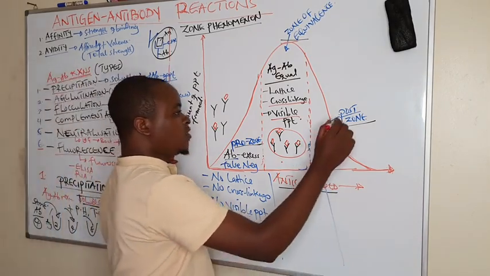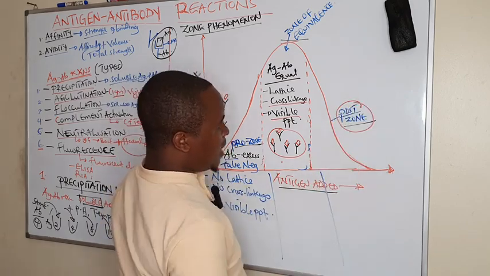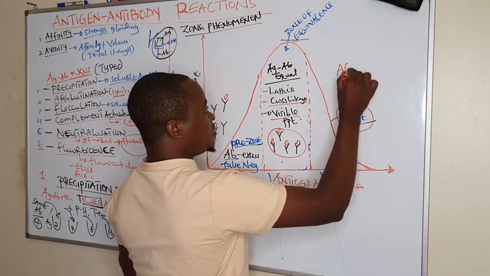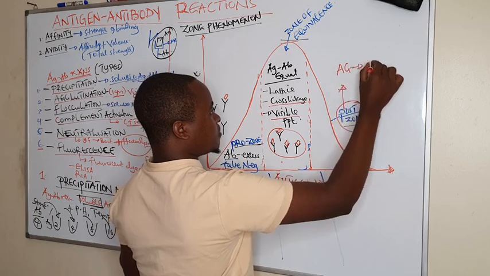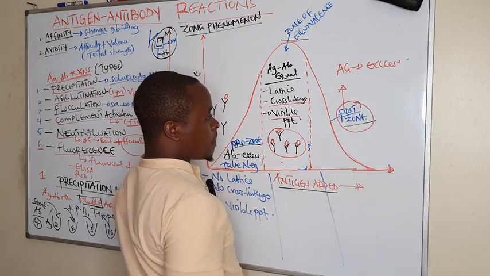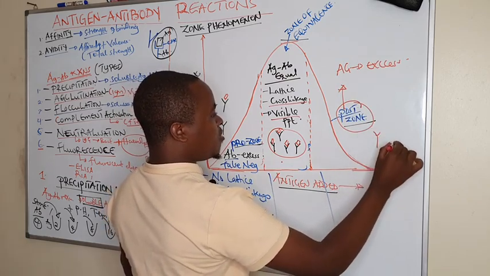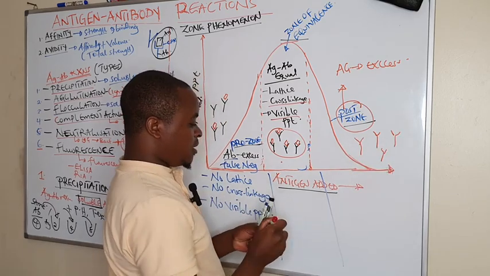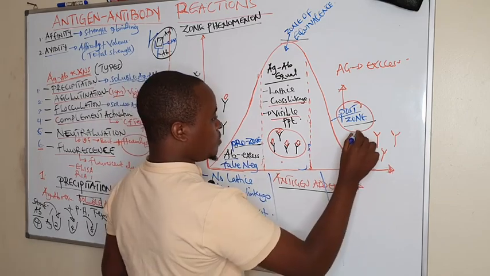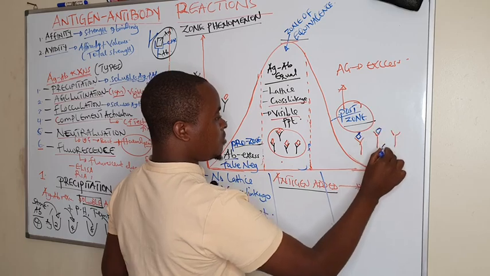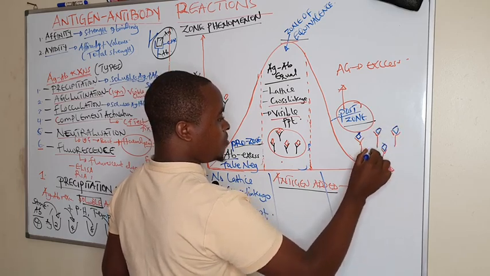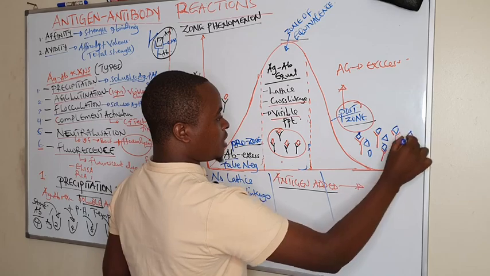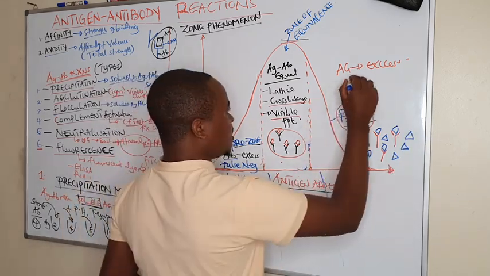Then the last zone is known as the post-zone, and this is an area of antigen excess. Here, if we have only 4 antibodies, the antigens are more. So we shall find all antibodies will bind to the antigen, but more antigens will remain unbound, free. That's why we are calling it the zone of antigen excess.